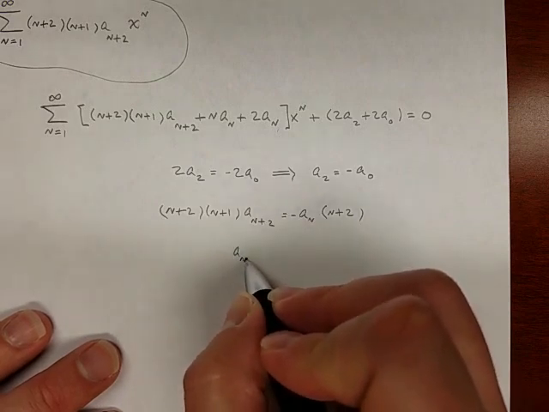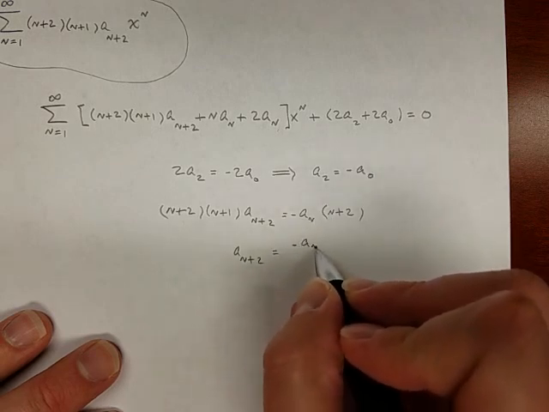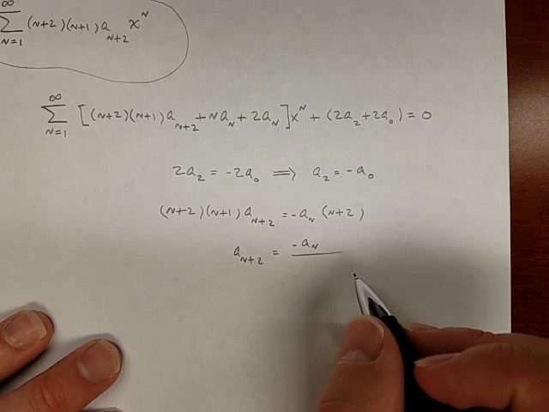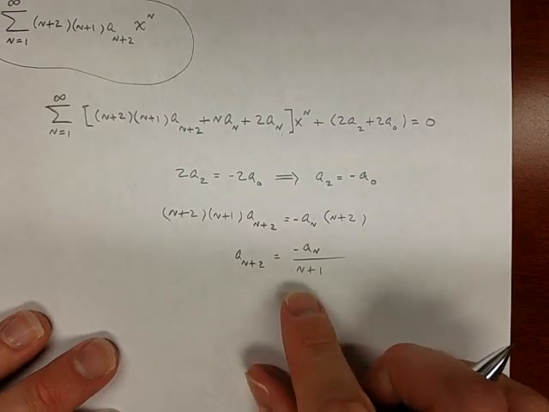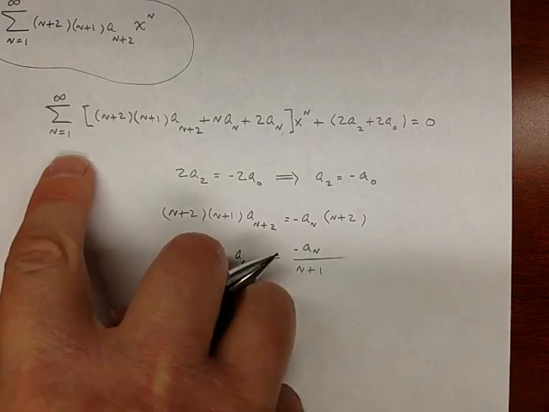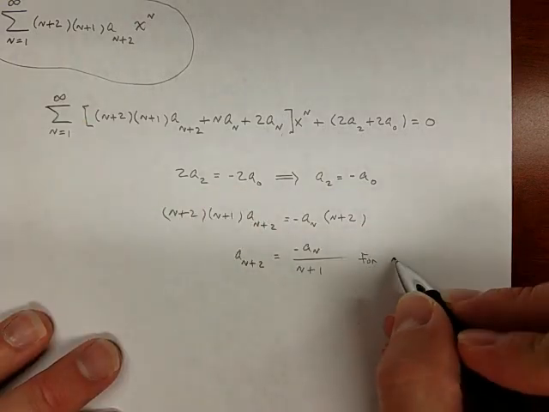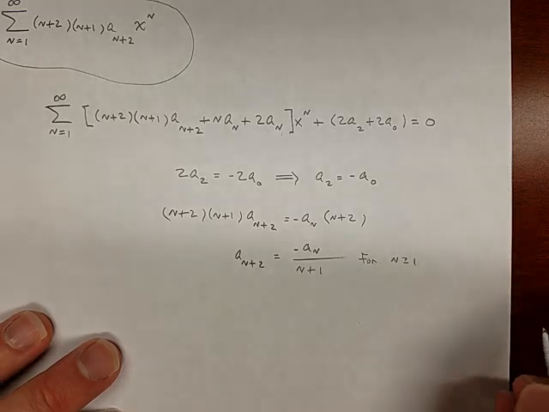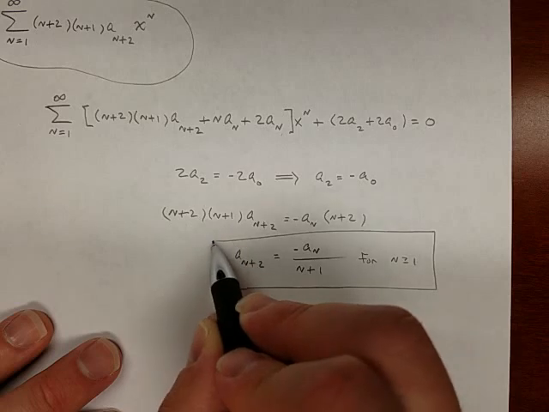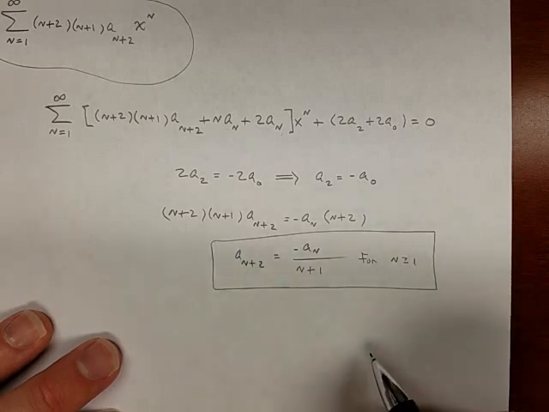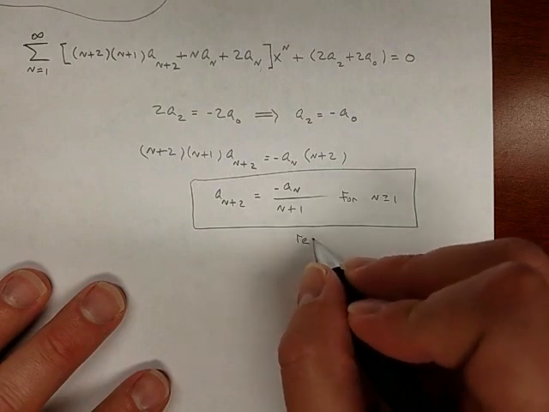So a n plus 2 would be negative a n over n plus 1. And what's that true for? N is 1 to infinity. And let's just say like that. I hadn't mentioned it in the other video, but that's an important thing to get when you're using this method. It's called the recurrence relation.